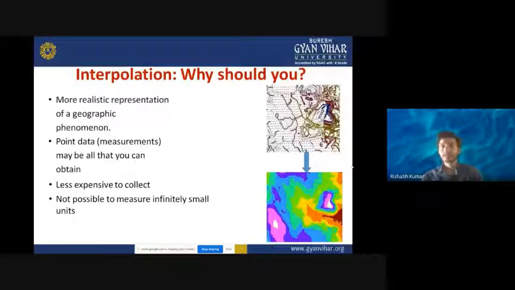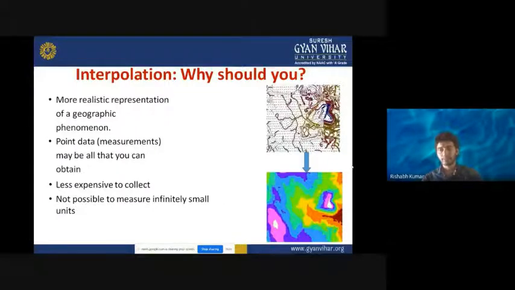So why should we do the interpolation? Because it is a more realistic representation of a geographic phenomenon, like your rainfall, your temperature. These are not some point phenomena, right? These rainfall or temperature or elevation, these are distributed spatially, right?